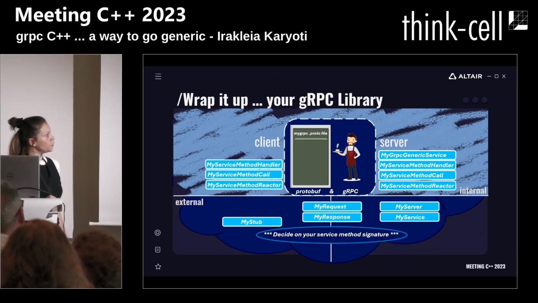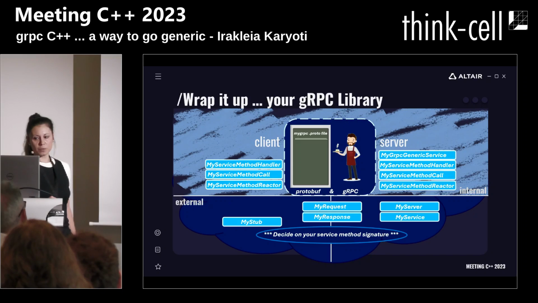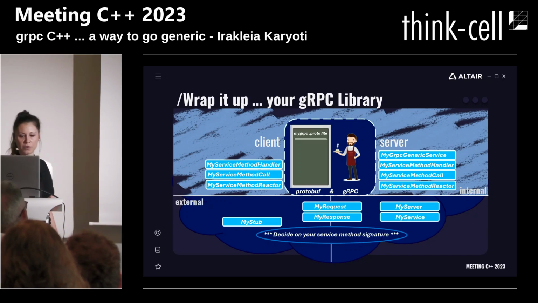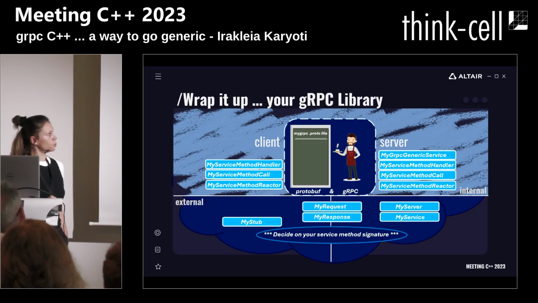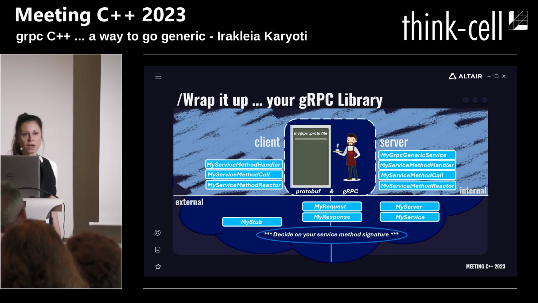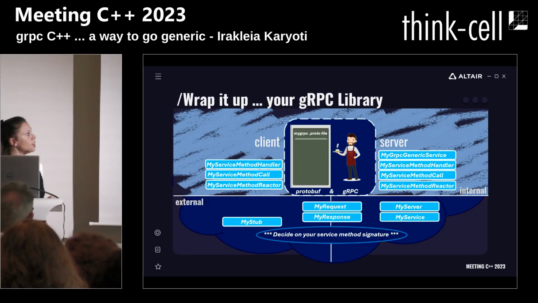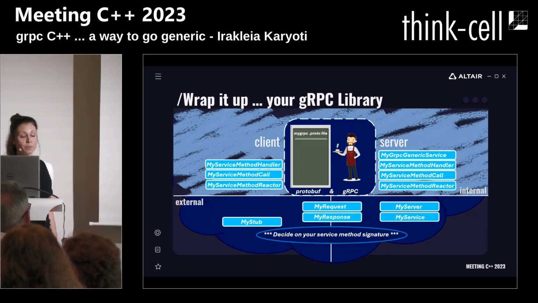So given that proto file with gRPC, we will wrap that and use some other components for our library. What we're going to need is mygrpc generic service that we saw before, some handlers for the methods, a service method call that uniquely defines one RPC, and my service method reactor, which will be an implementation of a generic bidirectional server reactor.